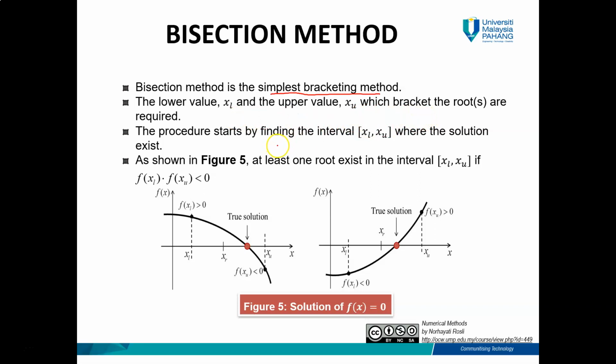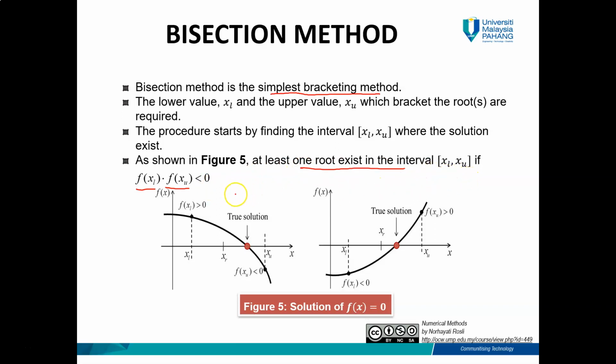The procedure will start by finding the interval XL and XU where the solution exists. As shown here, at least one root exists based on the incremental search if the function changes its sign. This means that if f(XL) multiplied by f(XU) is less than 0, there is at least one root in between XL and XU.